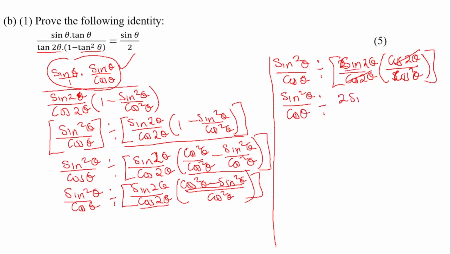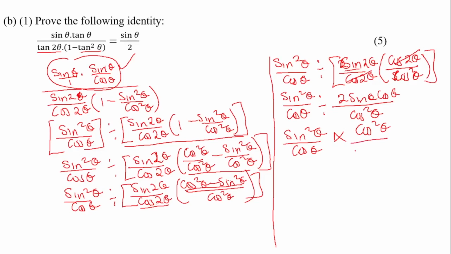Is 2 sine theta cos theta over cos squared theta, like this. Okay, and keep in times here, so sine squared theta over cos theta times cos squared theta over 2 sine theta cos theta. Alright, what do we have here?